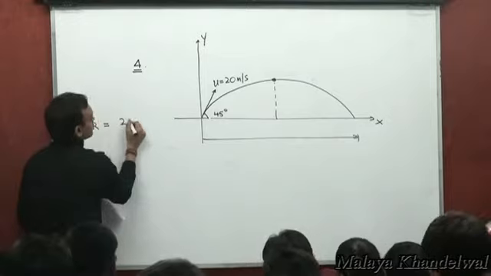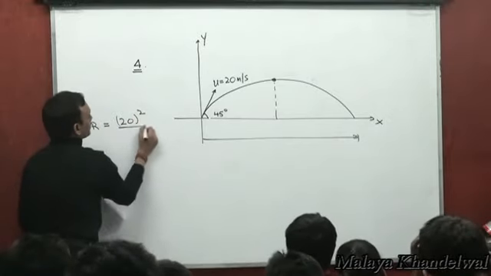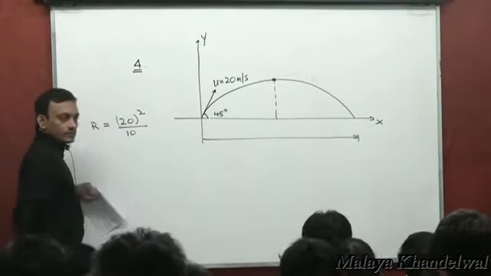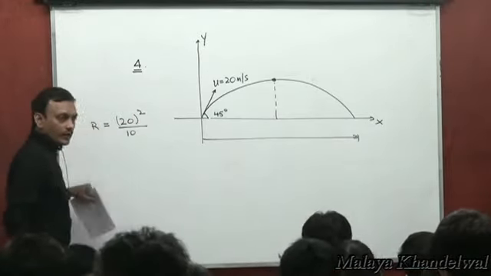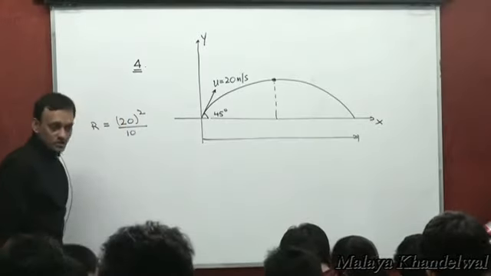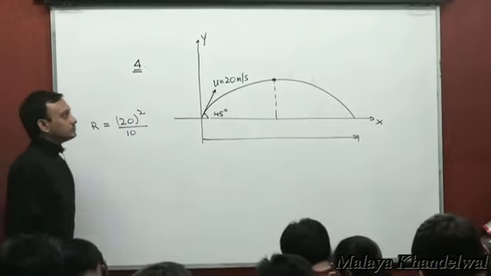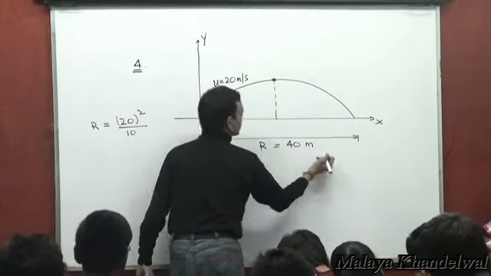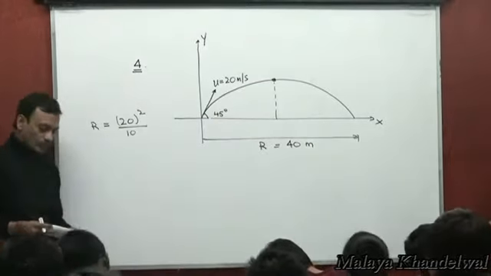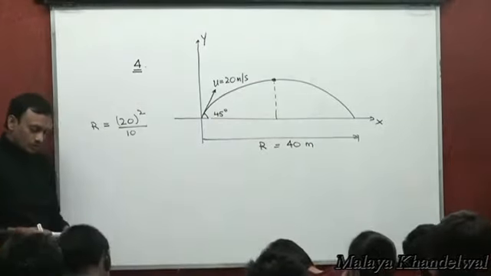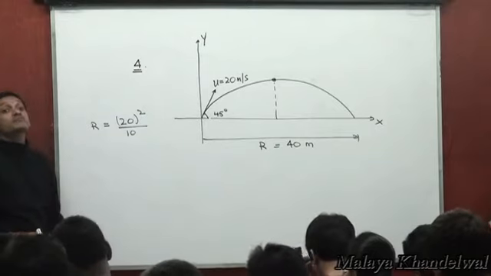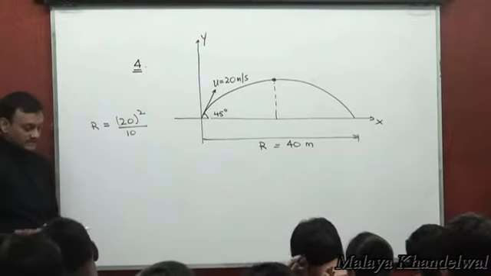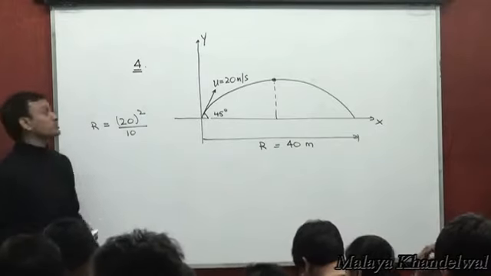So u squared, 20 squared by 10, so you know the range is 40 meters. At the highest point in its flight, the projectile explodes into two fragments of equal mass.